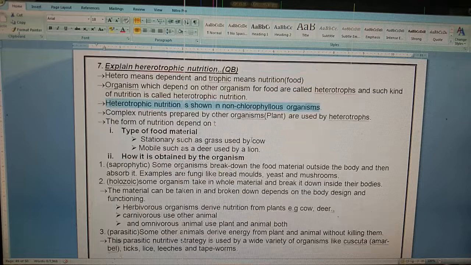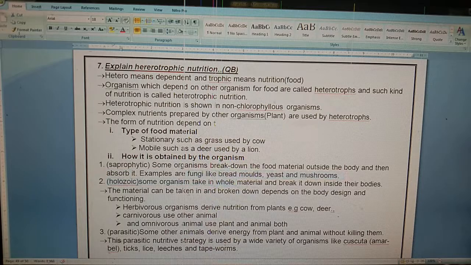There are 2 types of food material in heterotrophic nutrition: first stationary, another mobile, and there are 3 methods of obtaining this nutrition. In the first method, organisms break down food outside the body and then absorb it, like fungi.